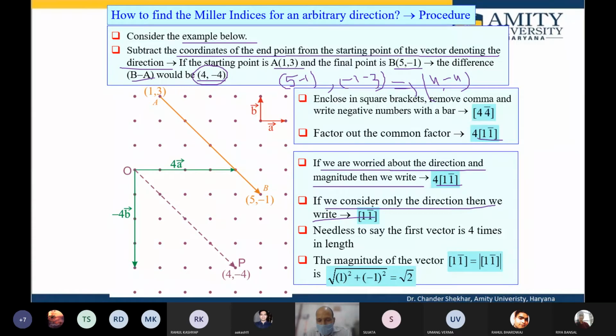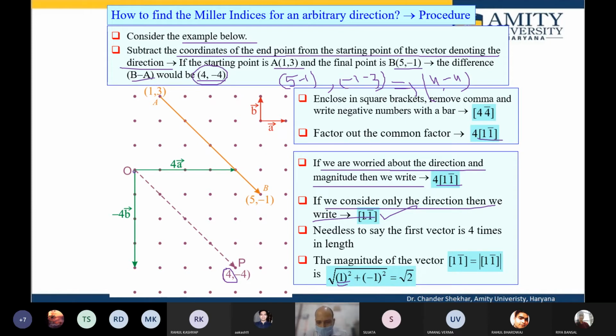So the direction of the vector is 1, 1 bar, and the magnitude, we know what the magnitude of a vector is: simply the square root of the sum of squares of the coefficients along each direction.